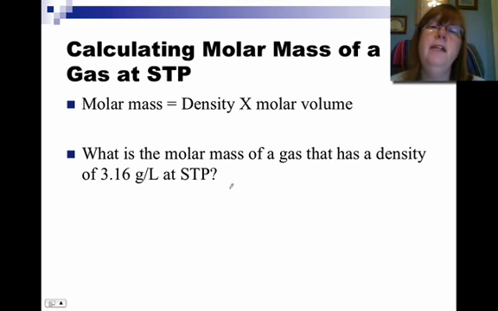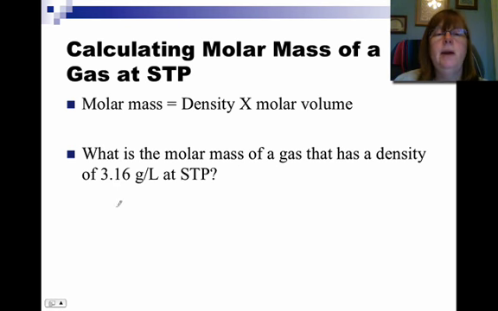Calculating the molar mass of a gas at STP. A molar mass we can get if we take a gas's density and multiply it by a molar volume, and our molar volume is 22.4. What is the molar mass of a gas that has a density of 3.16 grams per liter at STP?